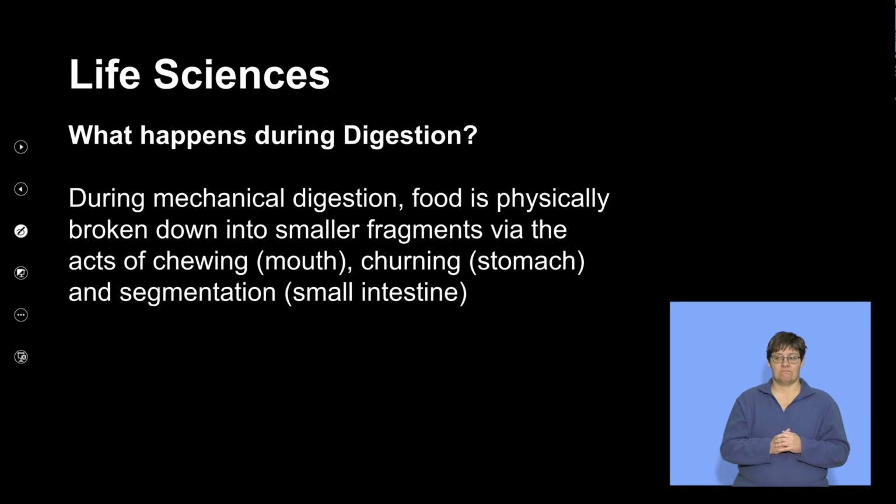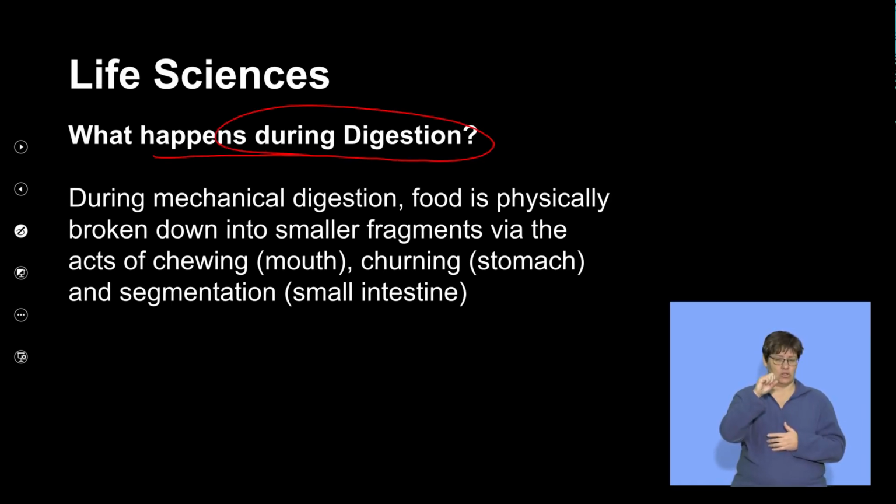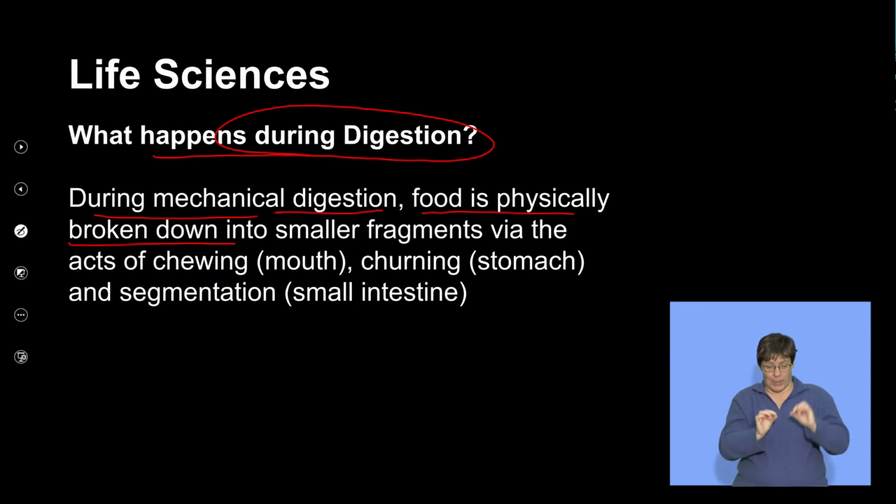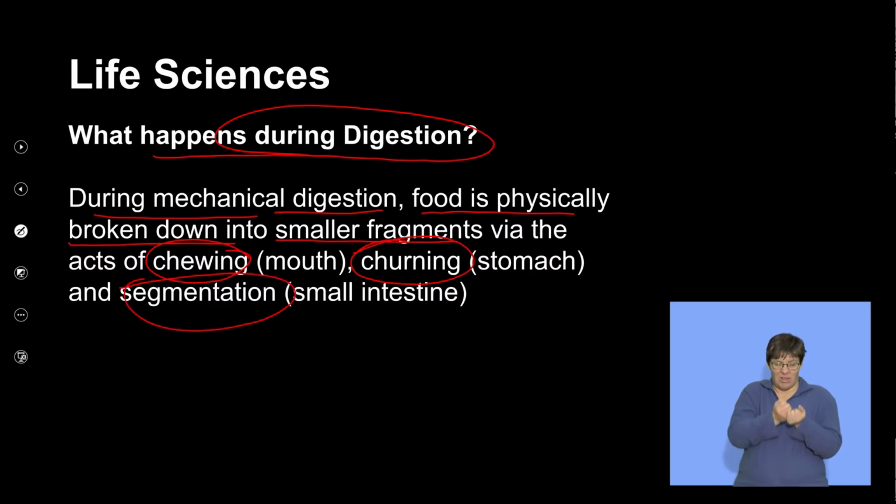Right. So let's have a detailed look at what happens during digestion. Guys, during the mechanical digestion process, food is physically broken down into smaller fragments by the act of chewing, also churning in the stomach as well as in the small intestine.